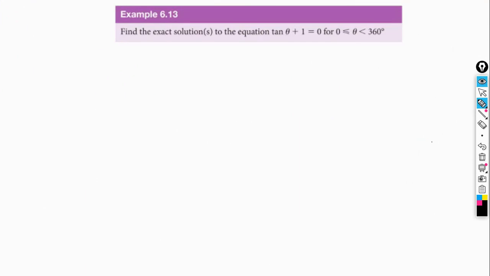So now we continue with example 6.13, and it says find the exact solution or solutions to the equation tangent of theta plus 1 equals 0 for the interval between 0 and 360 degrees. So whenever you have this, it means that they want the answer in degrees. So it's tangent of theta plus 1 is equal to 0, or tangent of theta is equal to -1.